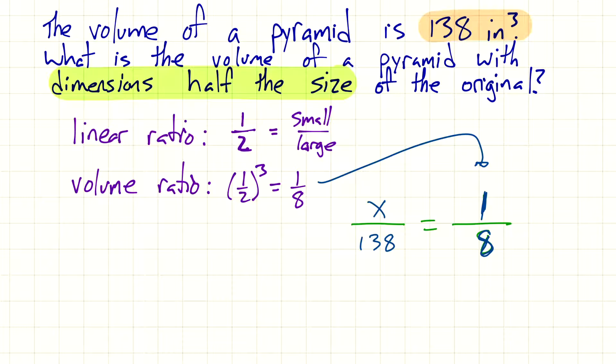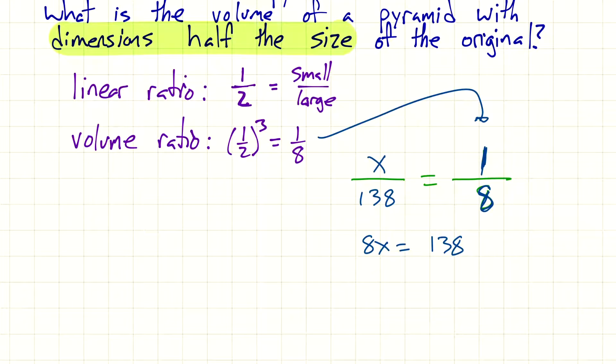All right, so let's cross multiply this. So this is going to be 8x equals 138, which then we'll divide both sides by 8. And so if you do 138 divided by 8, this is going to give us 17.25.